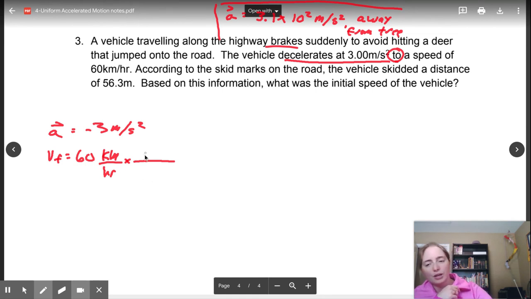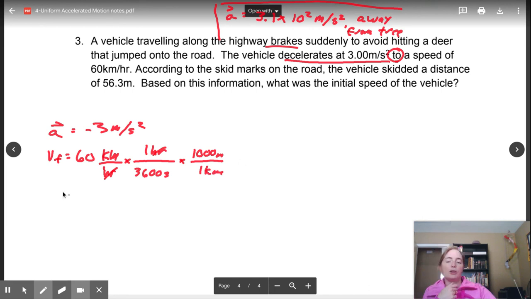Let's deal with our time first. So 3,600 seconds in 1 hour. Hours cancel. Then I deal with my distance. So I want my 1,000 meters in 1 kilometer. That's going to give me a VF of 16.6 repeating meters per second.